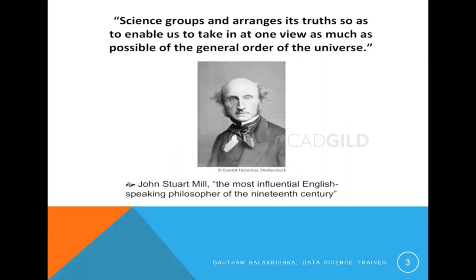So basically, what he's trying to say is that science groups and arranges information in a way that can be very easily understood by the human brain. Whereas information, when it is lying scattered around, can be very confusing for us to understand. So when we can use science to group and arrange this information in a meaningful way, that's when the human mind can make sense of it. That's where data visualization and data analytics comes into the picture.